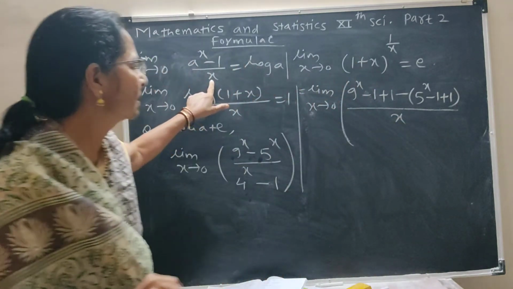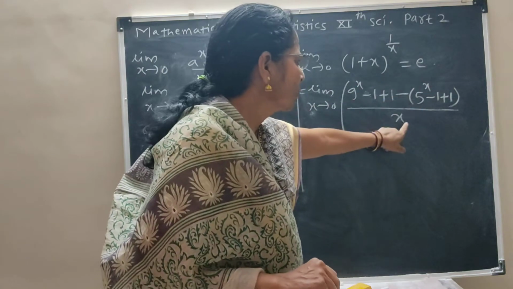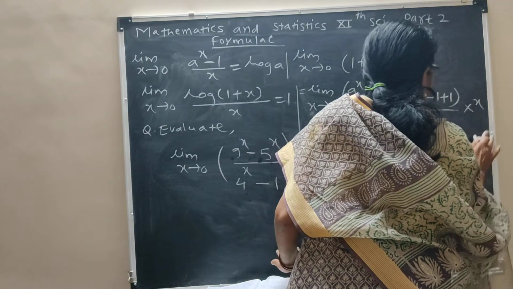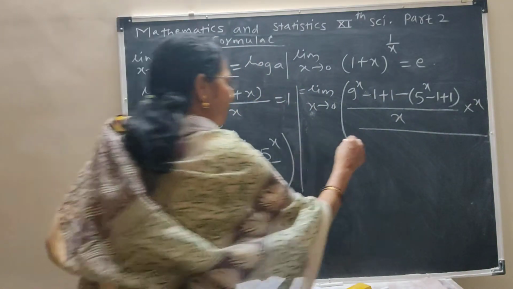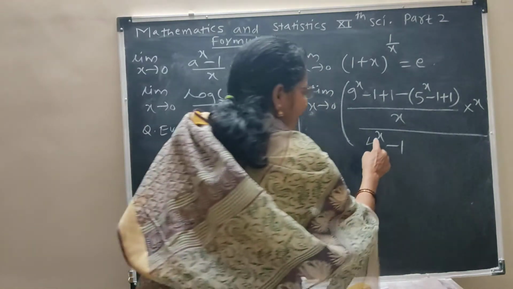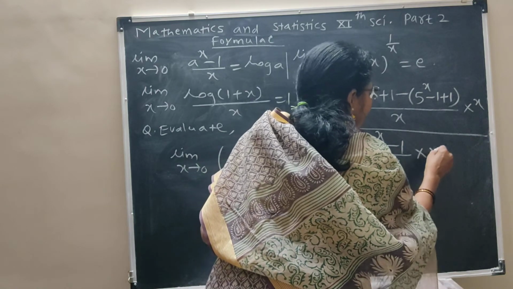We require x here, whatever this value we require here. Here is x, so we take x, multiply by x. And then at denominator, 4 raised to x minus 1 is there. Only we require this value x. Here divide by x, so multiply by x.